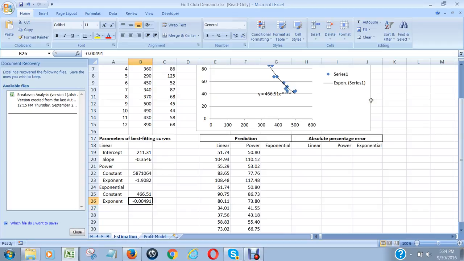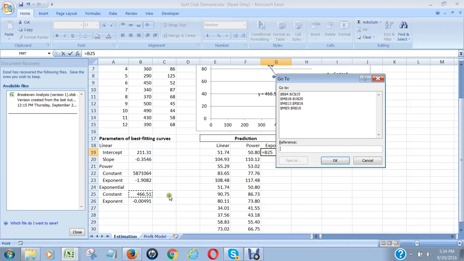And what I have to do now is come up with an equation that will allow me to predict what the demand will be under this situation. So what I'm going to be doing now is going equal sign B25. I'm going to make that an F4.